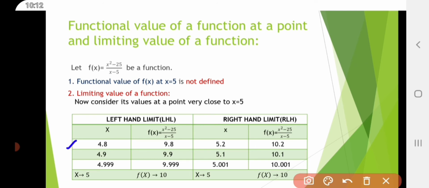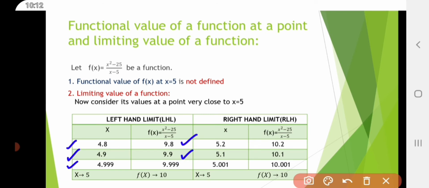When x equal to 4.8, the value of the function is equal to 9.8. When x is equal to 4.9, f of x equals 9.9.